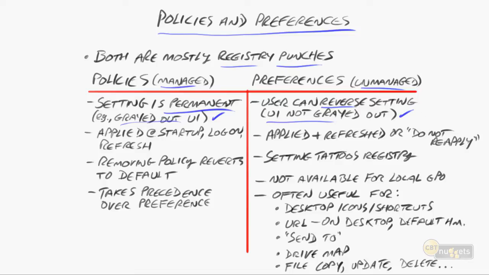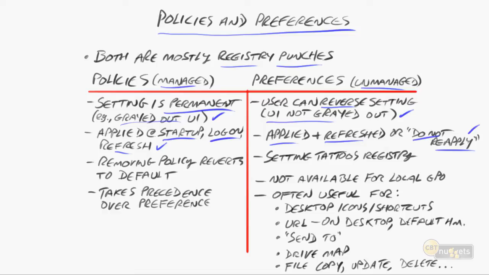Also, let's take a look at when policies are applied. Well, they're applied at startup for the computer configuration policies, logon for user, and then again, remember the refresh at 90 to 120 minutes. The preferences are applied in the same way, and they're refreshed, but there is also an option on a common settings item to not reapply.